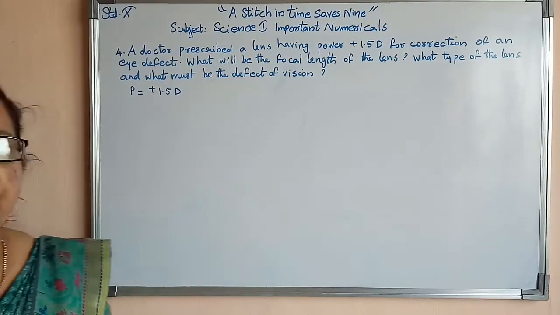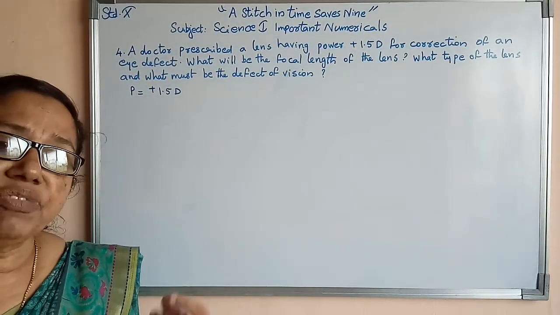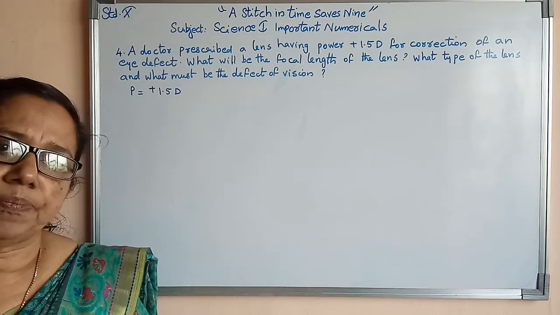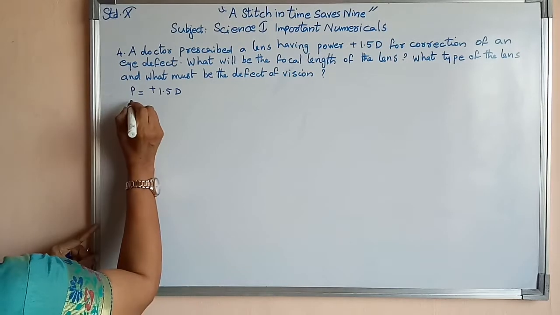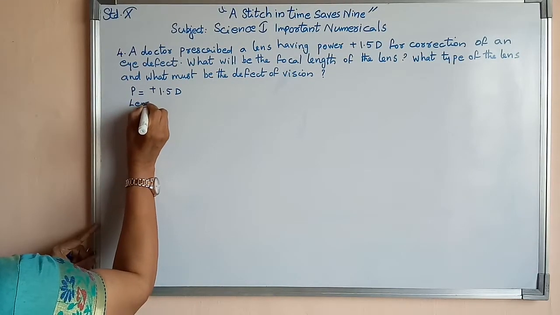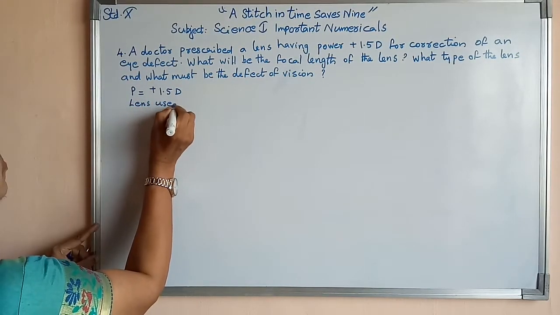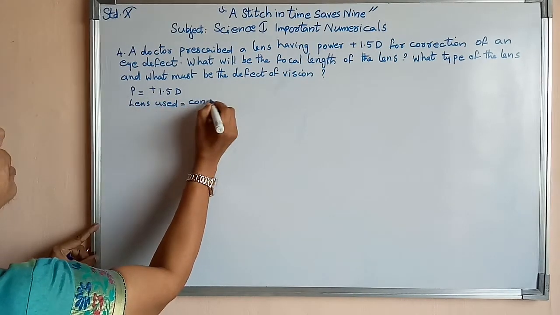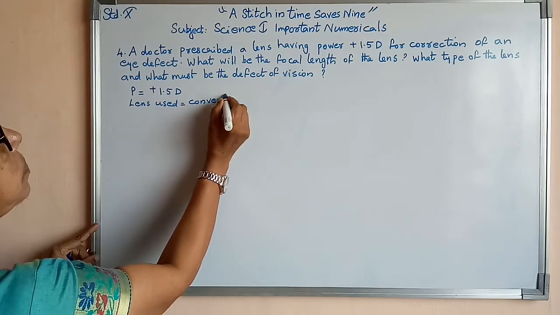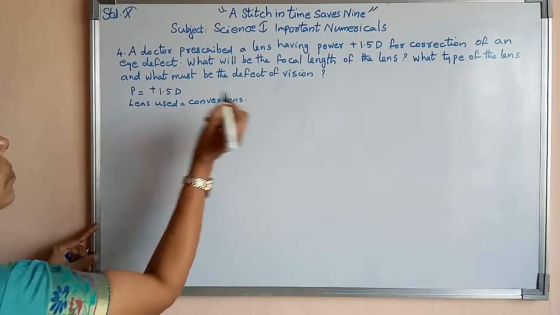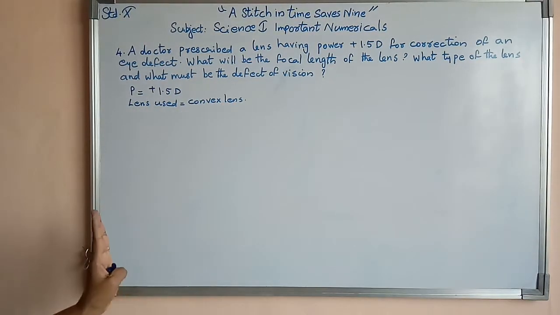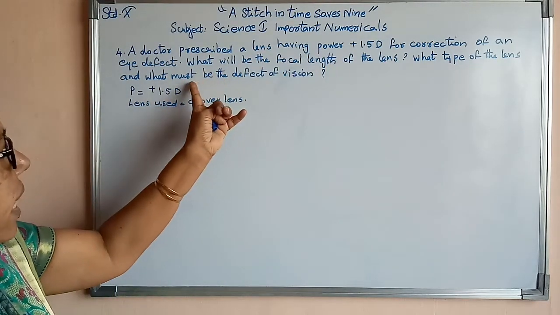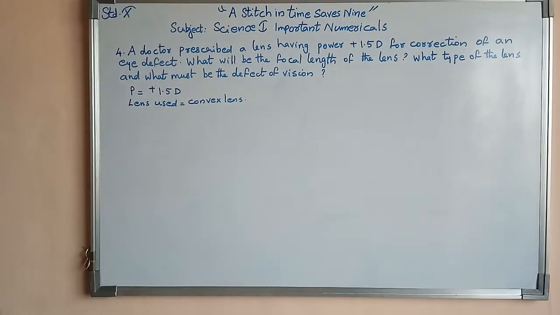Seeing this itself, we can write which type of lens is used. That is convex lens. So we can write here lens used. Positive value is given, that means the lens used is convex lens. One more question is there: focal length you have to find out, and what must be the defect of vision.